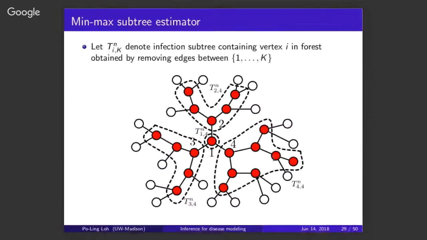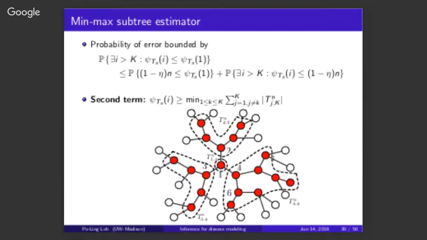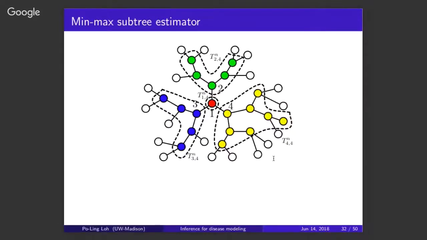Okay, so what does this have to do with this problem? Let me skip some slides briefly and just look at a picture. This is more or less what the urn has to do with our problem. In some sense, our estimators depend on the centrality of nodes. For instance, if we're looking at this min-max subtree estimator, we're calculating the number of nodes that are infected for different branches in the tree.